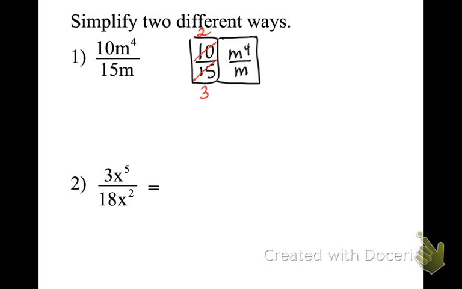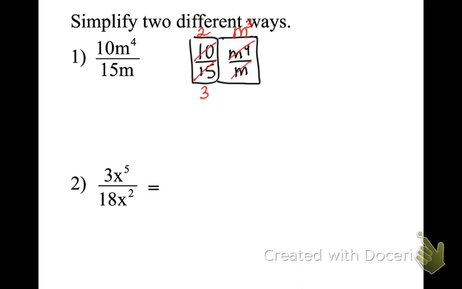What's the greatest amount of m's we can divide out of the numerator and denominator? 1m. When I divide an m out of m to the fourth, how many is left? m to the third, not 3, because 3 is different.